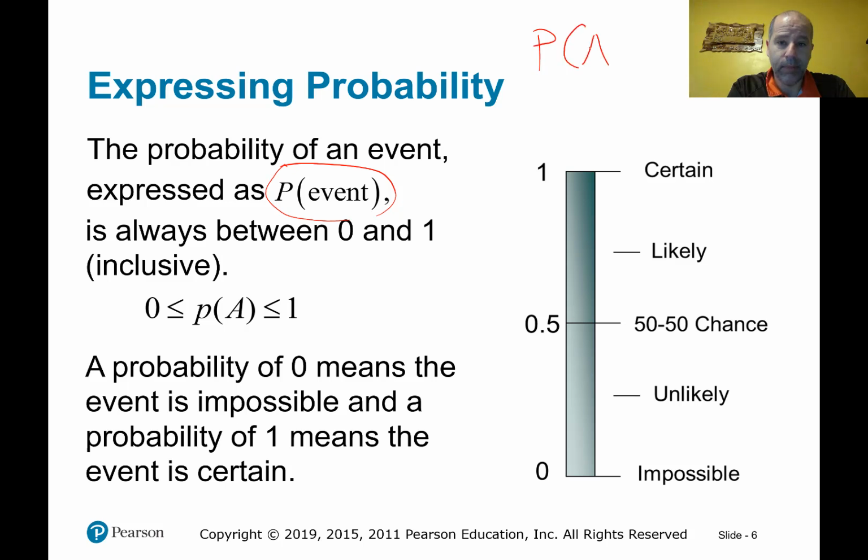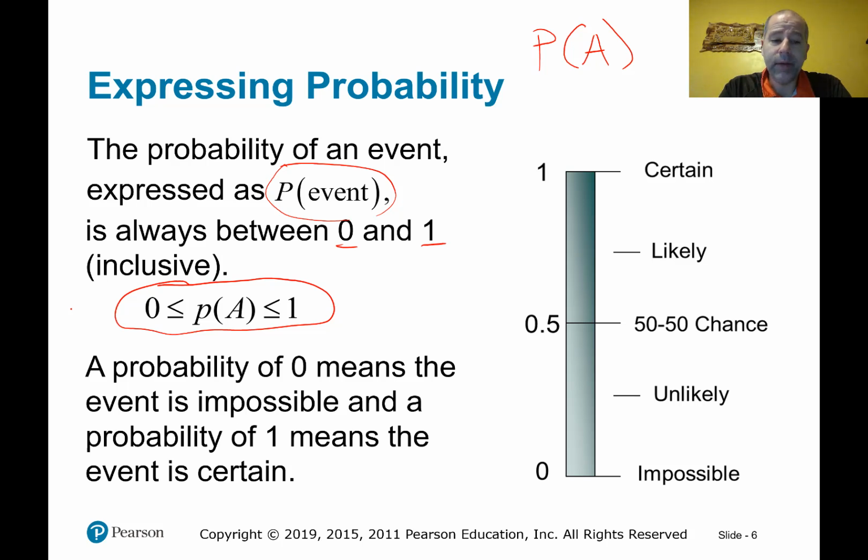Normally we write an event using a capital letter, typically A or B. So P of A is the probability of the event A. And probabilities are always between 0 and 1, inclusive, which means it could be 0 or 1, and anything in between. This is the way we write it.